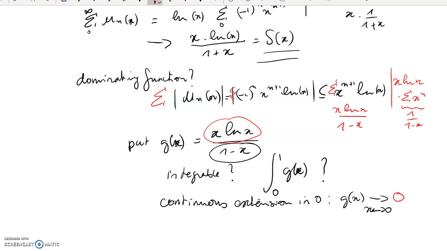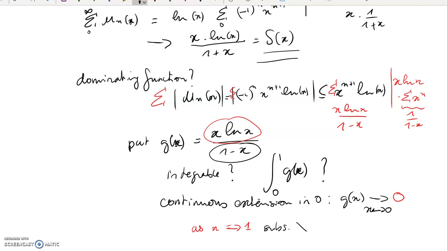So we have a continuous extension in 0. What about the value in 1? You can substitute x tends to 1. So the problem now becomes that at the denominator we have something that tends to 0, but at the top we also have something that tends to 0, because the log of 1 is 0. For this you can do simply a substitution.